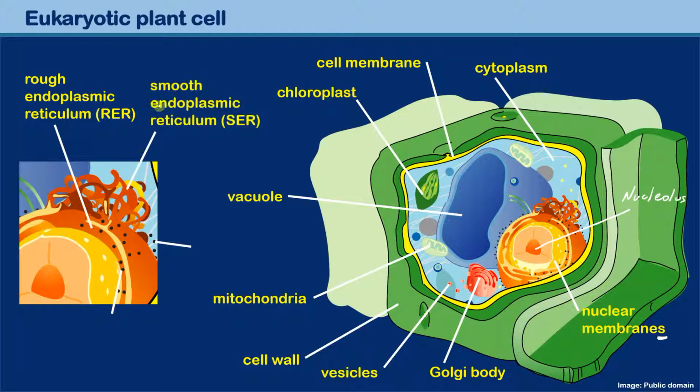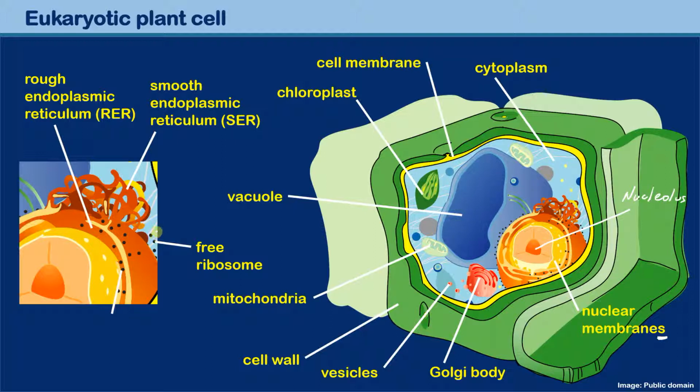You also have a so-called smooth endoplasmic reticulum, and the smooth endoplasmic reticulum is also responsible for a variety of tasks, among other things, the synthesis of lipids. And you see that there are two arrows here, or two lines, pointing to ribosomes, but these ribosomes over here are free ribosomes.